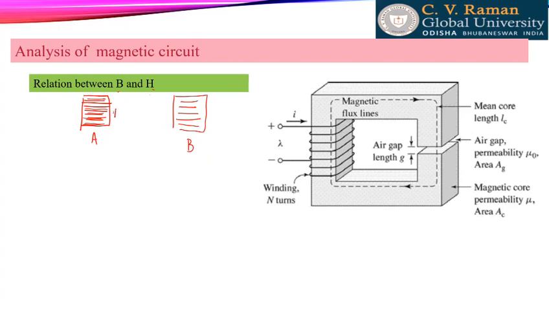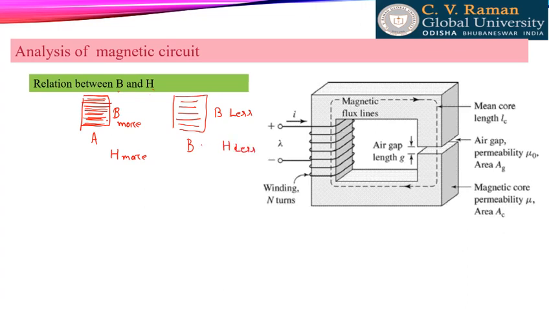So B is definitely more here and less here. If I place a unit north pole, the force exerted on it will be more. That means H will be more here and H will be less here.